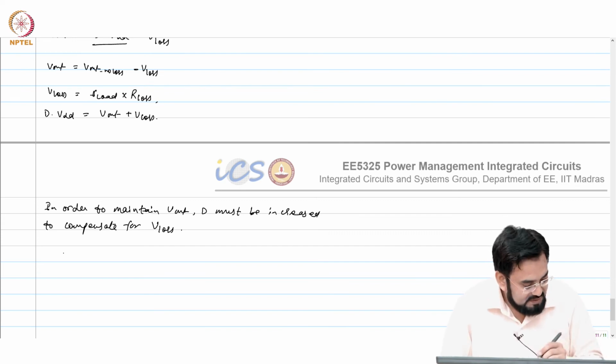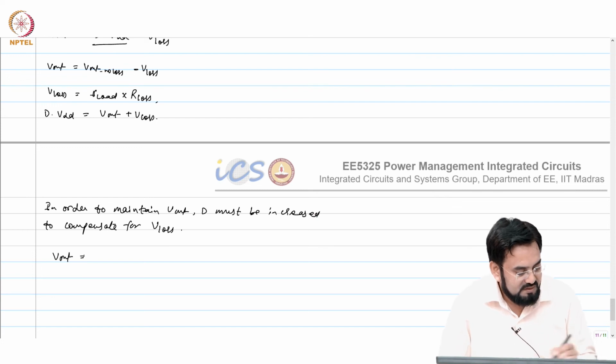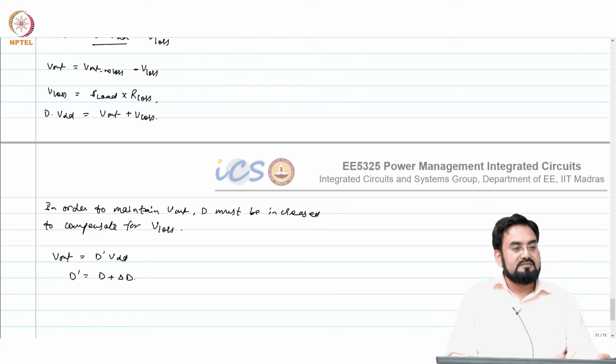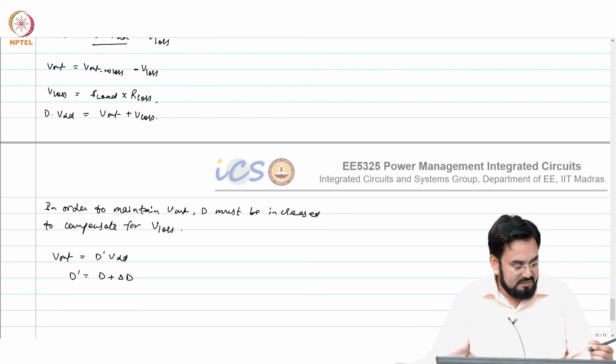Which means your V out is nothing but D dash times VDD, where D dash is D plus delta D. Correct?